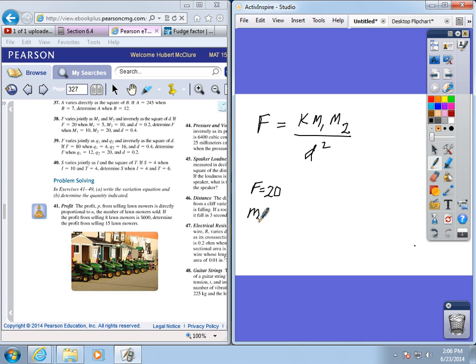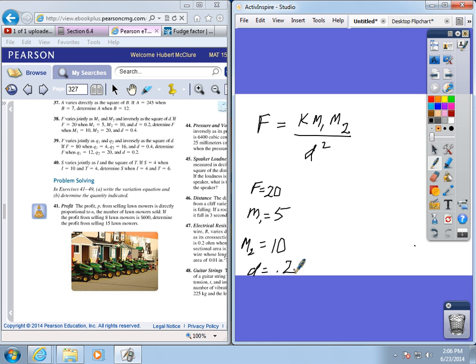M sub 1, our first measurement, let's say you're measuring feet, or let's say you're doing the depth of water. First measurement is 5 foot, and the second measurement is 10 foot, and then D, I don't know what that is, we'll just say D is equal to 0.2.